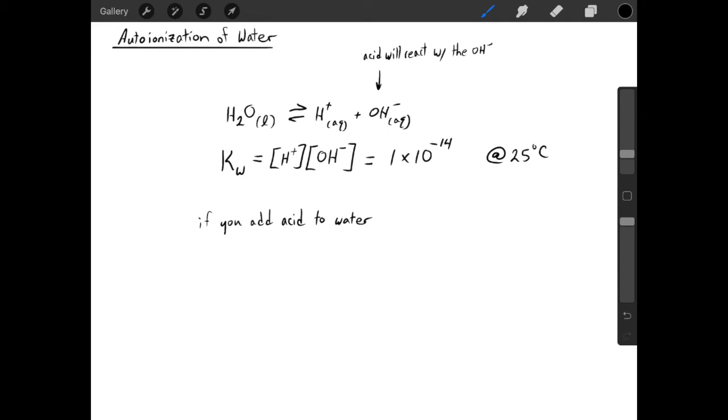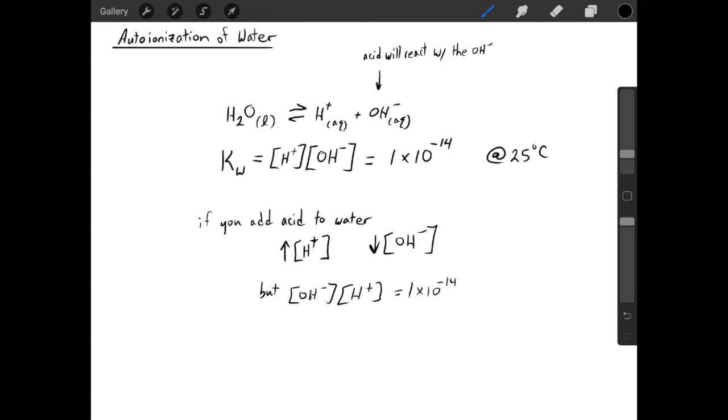And Le Chatelier's principle says that if you decrease the concentration of one of the products, the reaction will shift to produce more of them. And that means you end up with a situation where more water autoionizes to make H plus and OH minus. And you'll end up with slightly more H plus and slightly less OH minus. But no matter what, the product of those two concentrations is going to equal 1 times 10 to the minus 14, because the equilibrium for water is still true.